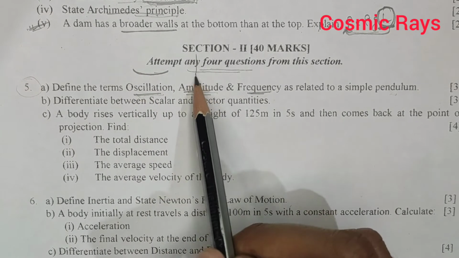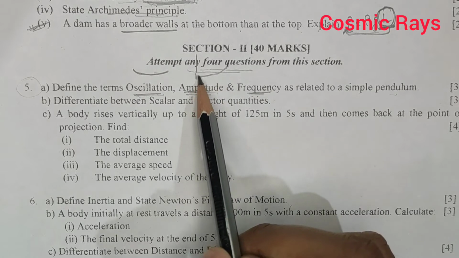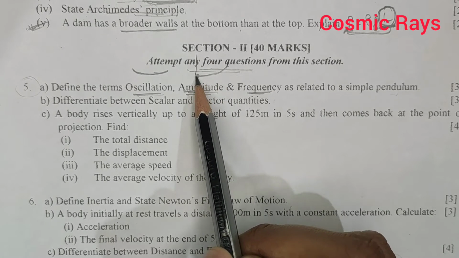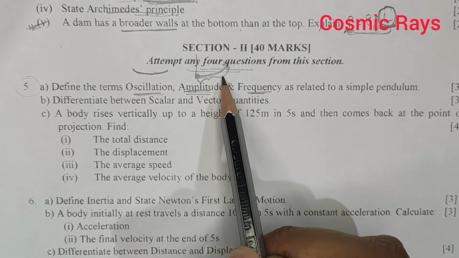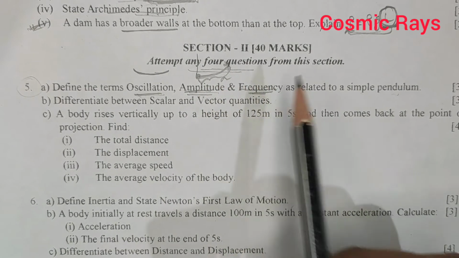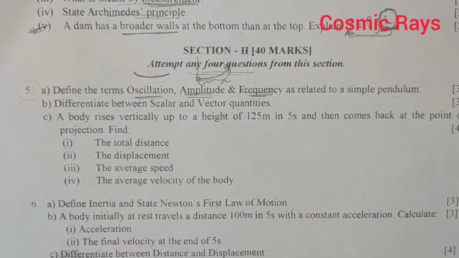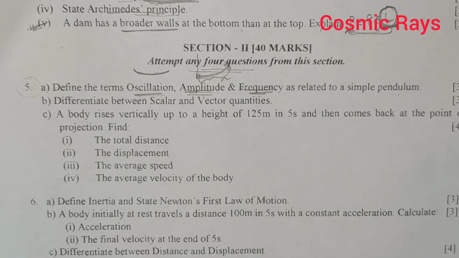Amplitude is the distance from the mean position to one of the extreme positions. And frequency is the number of oscillations made per unit time. You will get the definitions in the third portion of your first chapter.